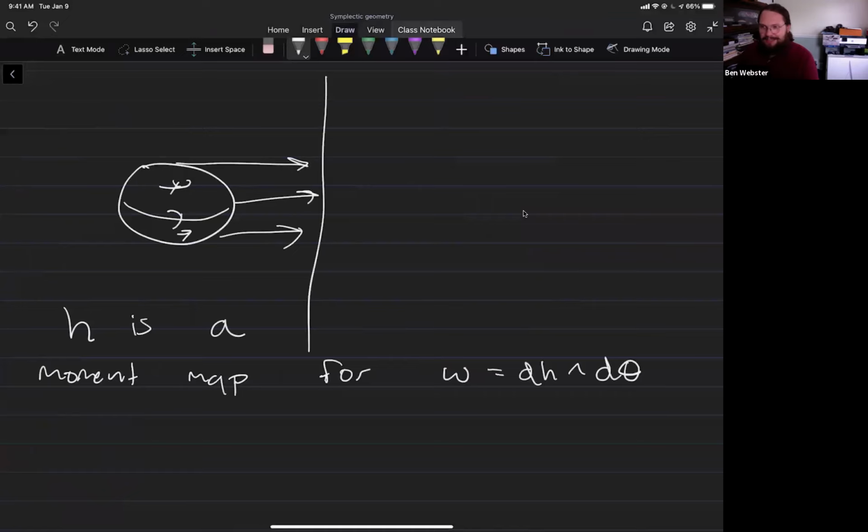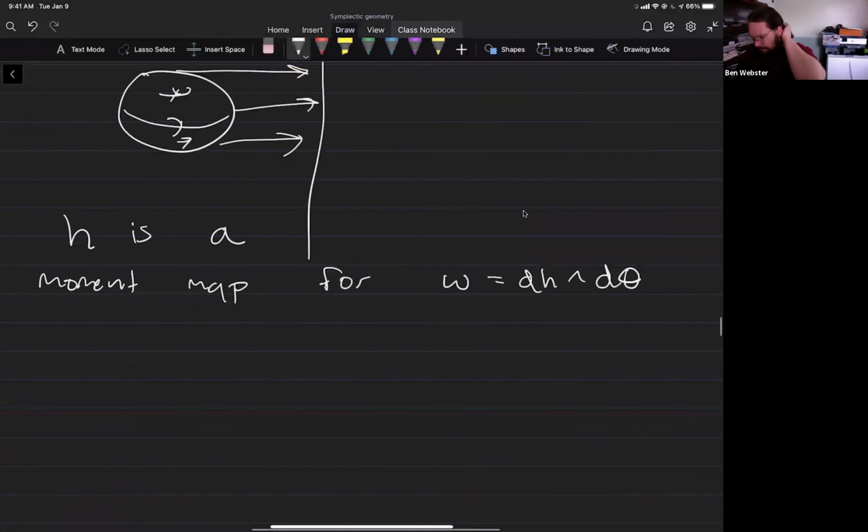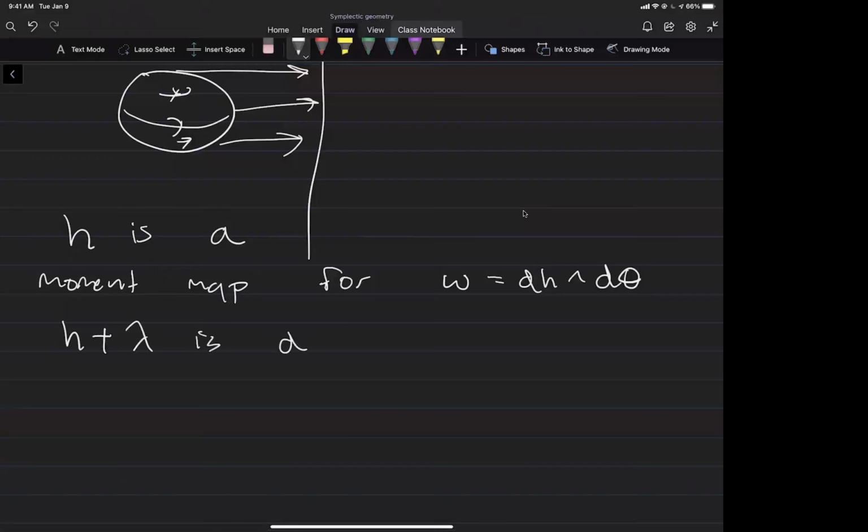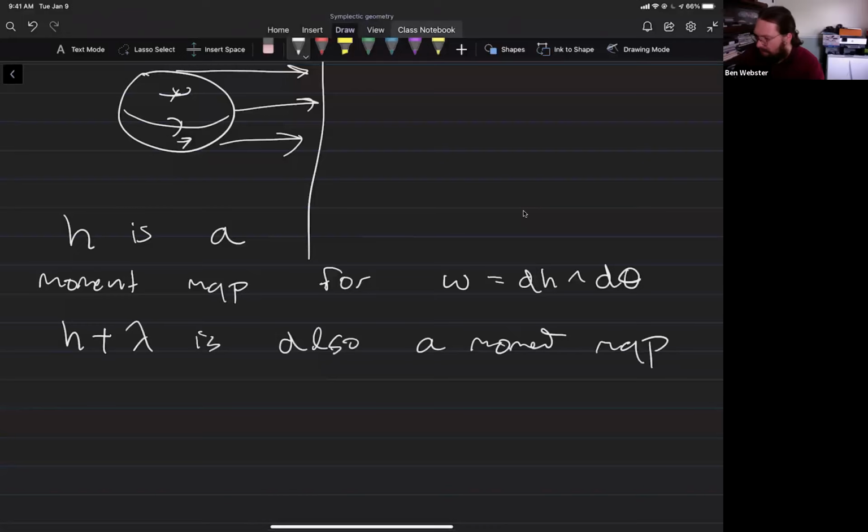So this is like the standard area form on the sphere. But, well, H plus any random real number lambda is also a moment map, right? On S2. For the same omega.